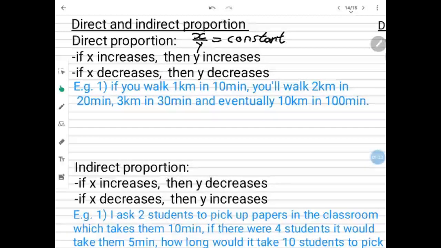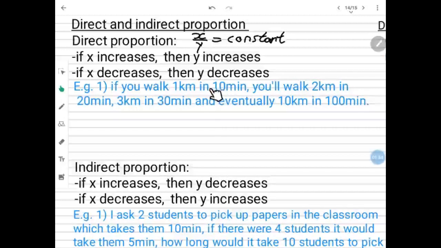So for example, example 1: if you walk 1 kilometer in 10 minutes, then you'll walk 2 kilometers in 20 minutes, 3 kilometers in 30 minutes, and eventually you'll walk 10 kilometers in 100 minutes. Do you see that every time the distance goes up, the time goes up too?